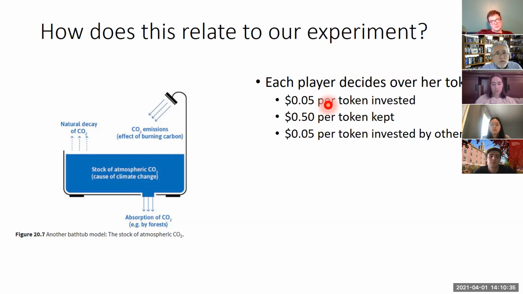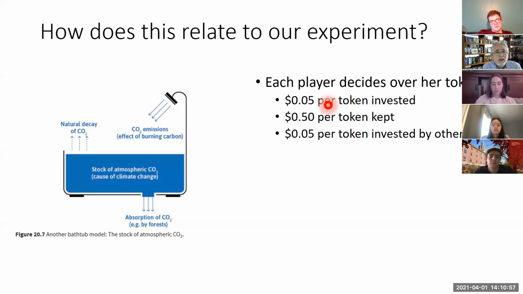In other words, for every token that you invest, you are foregoing 45 cents in this first step of the problem, right? If you keep it, you guarantee 50. If you invest it, you guarantee 5.